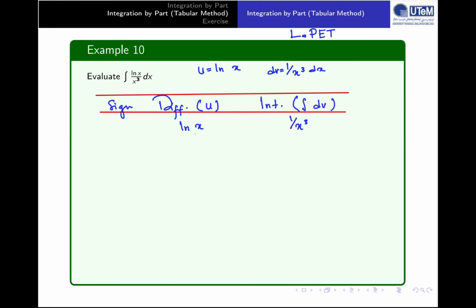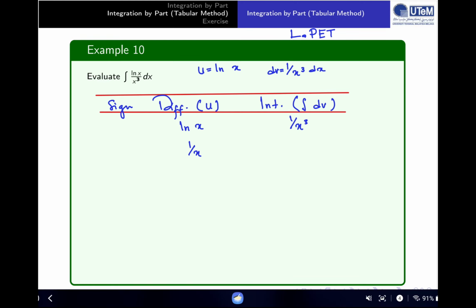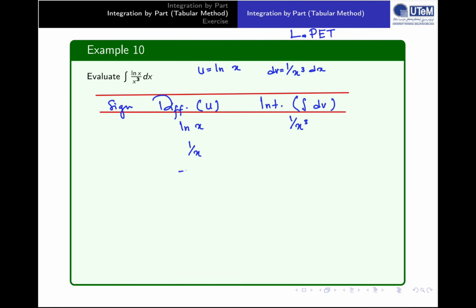Okay, so you differentiate ln x, you can get 1 over x, and then differentiate one more time, you can get negative 1 over x squared, and then since this one you cannot get 0, so we integrate the last one, 1 over x cubed.